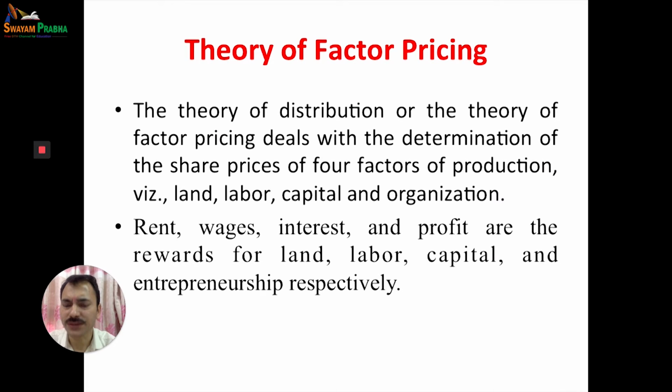The payment, the reward made to the land is known as the rent. The payment, the reward paid to the laborer is known as the wages. And we pay for capital, after using the capital, that is interest. And for entrepreneurs, profits.